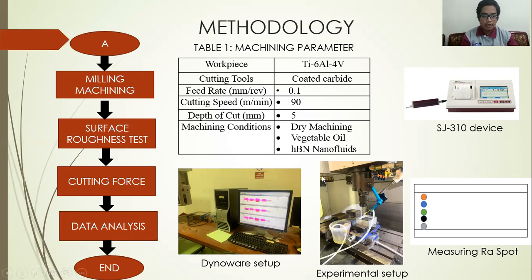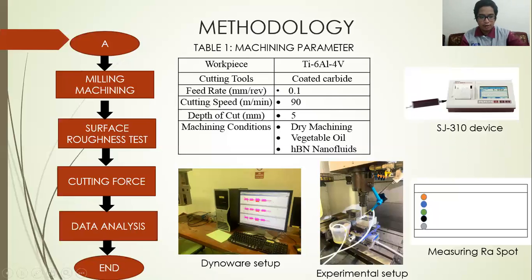During the machining, this is the experimental setup for feeding the coolant, and this is the dynamometer setup. This dynamometer setup is used for testing the cutting force. And after the machining process, we will go to the surface roughness test, using this device, the SJ310.